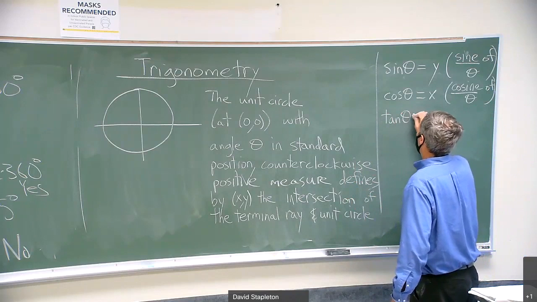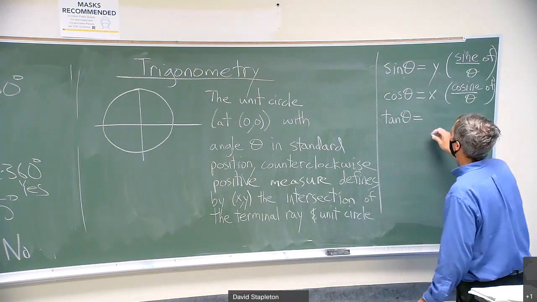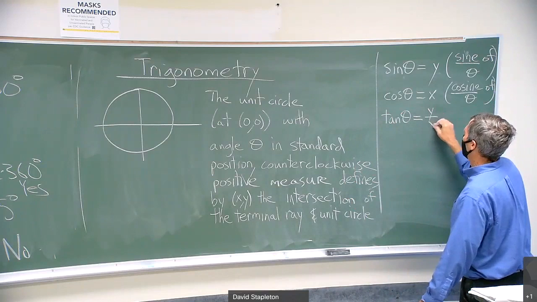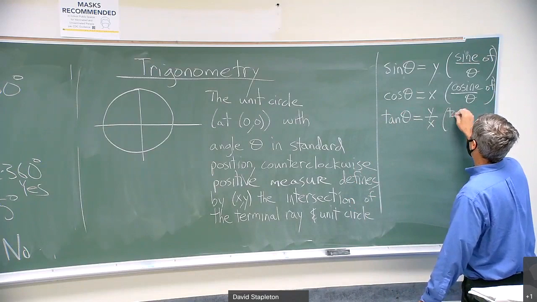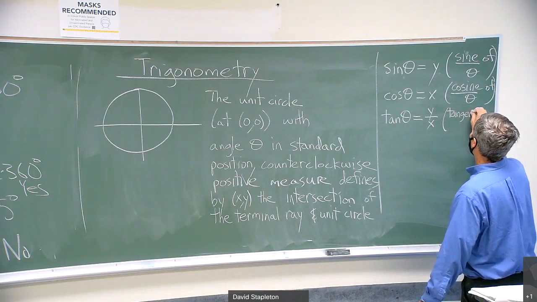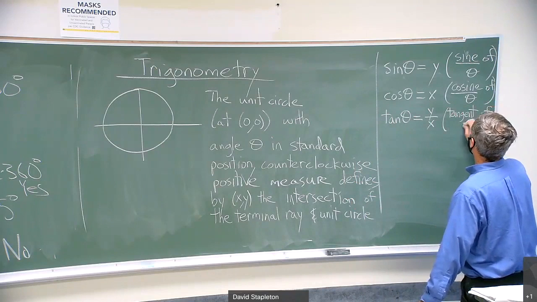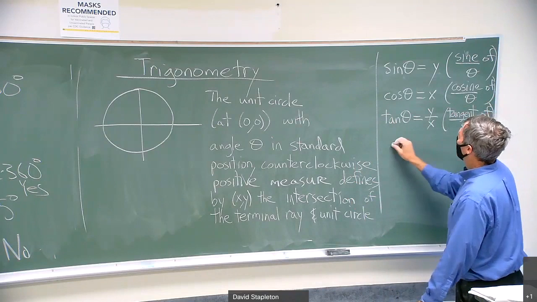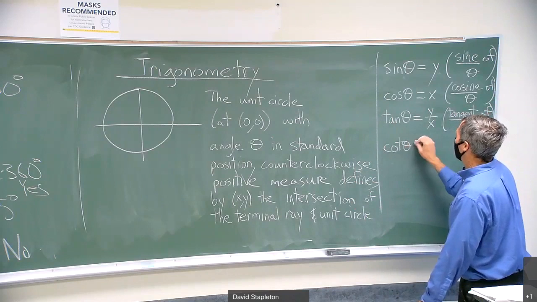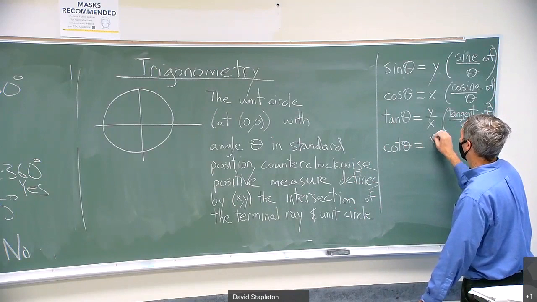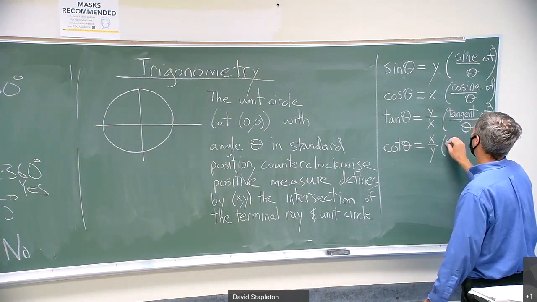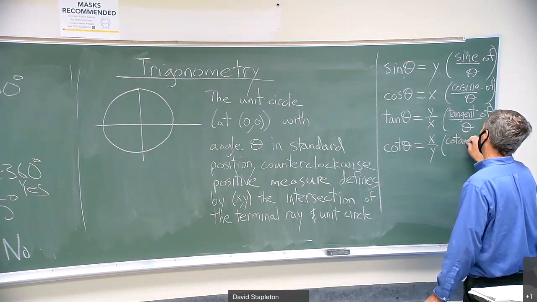All right, tan theta, you can see these on your calculator. That'll be y divided by x. Call that the tangent of theta. COT theta is x over y, is the cotangent of theta.